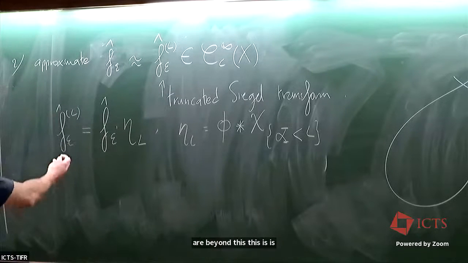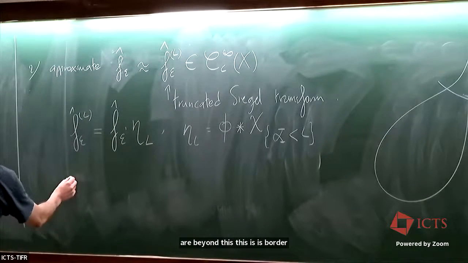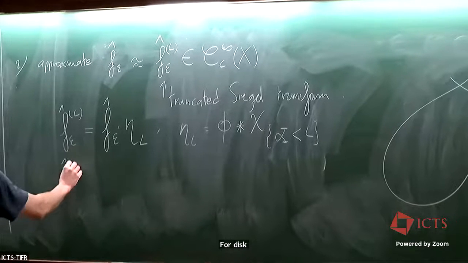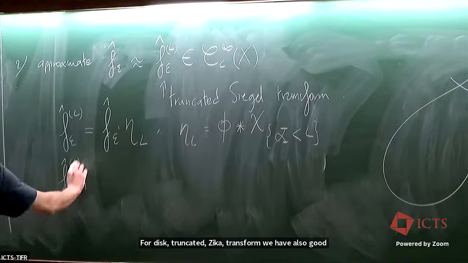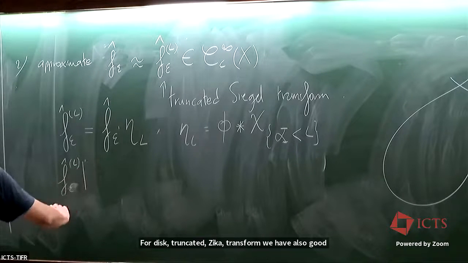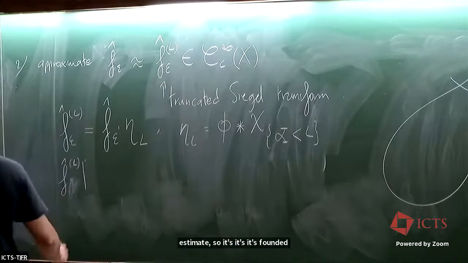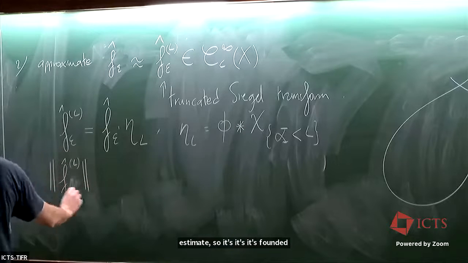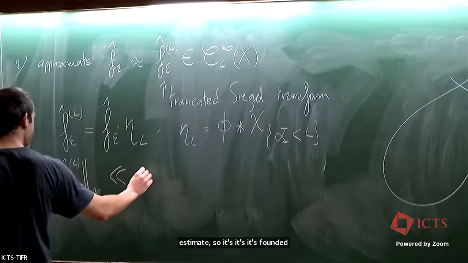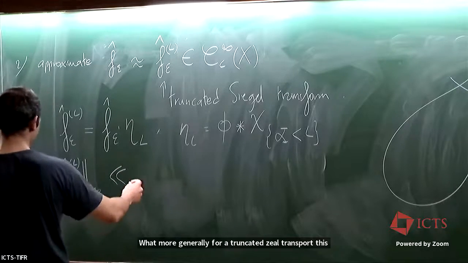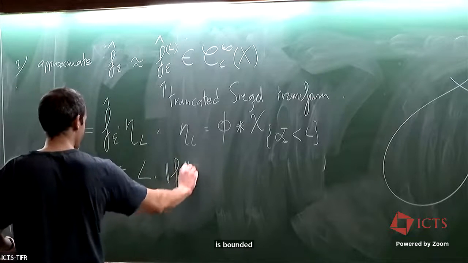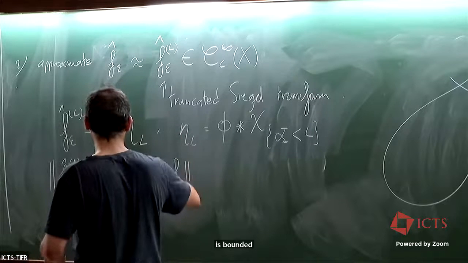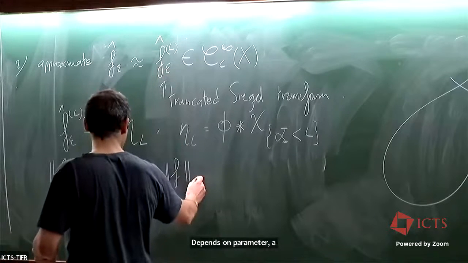For this truncated Siegel transform, we also have good estimates, so it's bounded. More generally, for a truncated Siegel transform, this is bounded depending on parameter L. L will be taken to go to infinity.